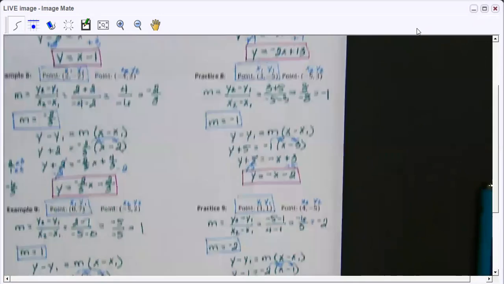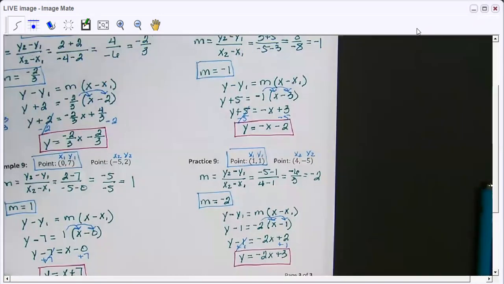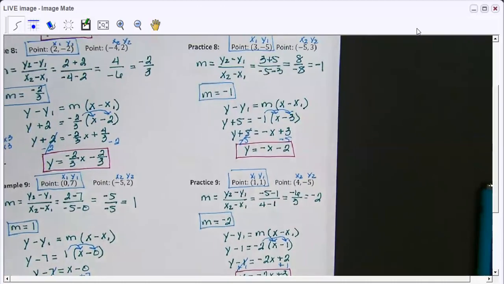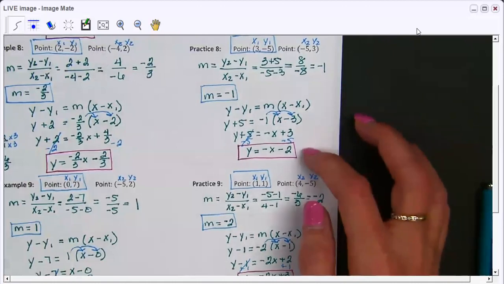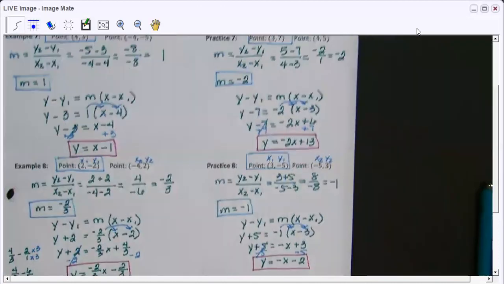And here is 9. Did everyone get 8 right? Or is there anyone who got a different answer? All right, so that is the end of lesson 3.5.